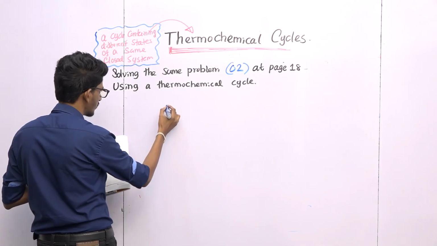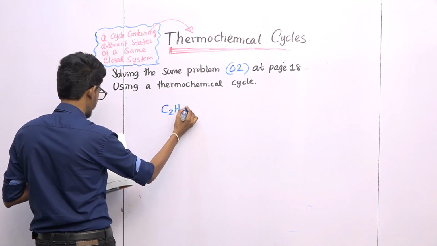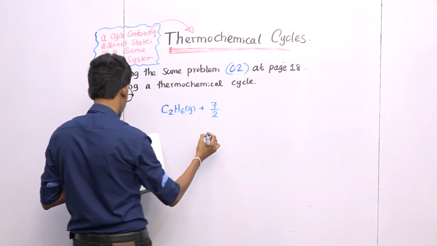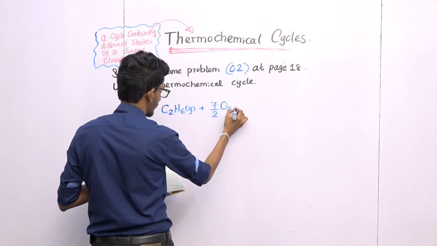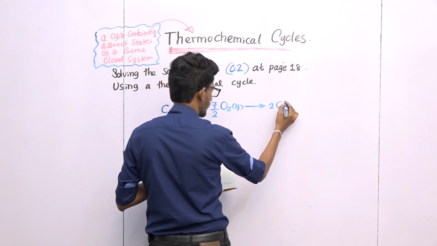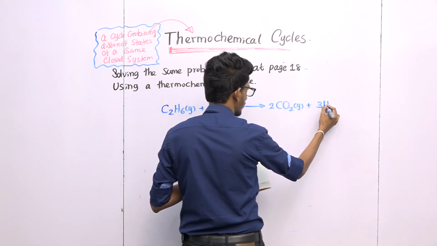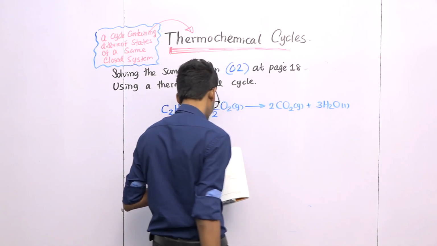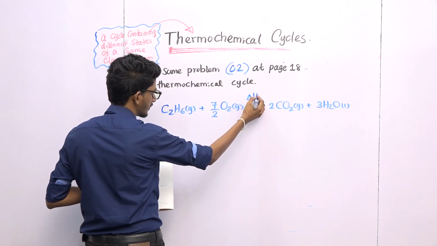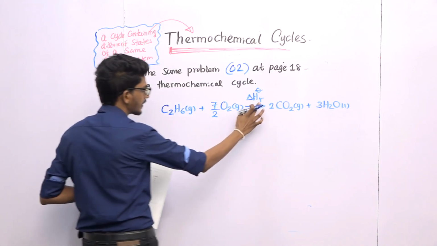They are asking us to find the delta H of this thing: C2H6 plus 7/2 O2 gas to produce 2 CO2 gas plus 3 H2O liquid. That is what they are asking.